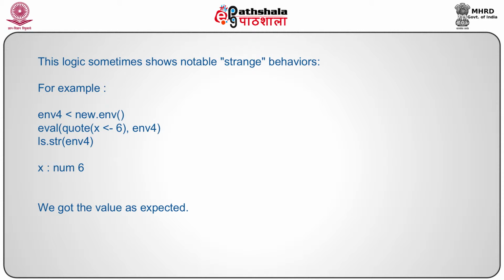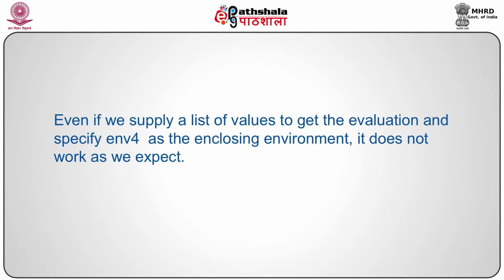Using these sets of codes, as shown here, we can get the value as expected. Here, we are specifying a new environment in the name of environment 4, and then within the eval function we are specifying x is equal to 6 and environment 4, and finally we have the following output.